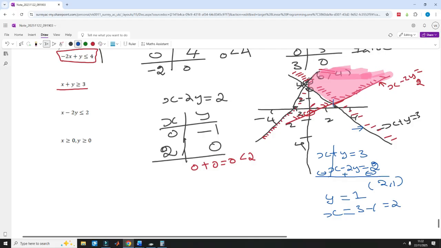So that's a point of intersection. So that's how we identify the corner points, isn't it? Yeah. And this corner point, this is something you can get directly from the plot, and then this is something you have to identify from the equation of two straight lines.